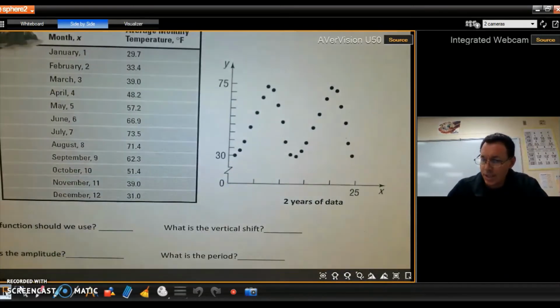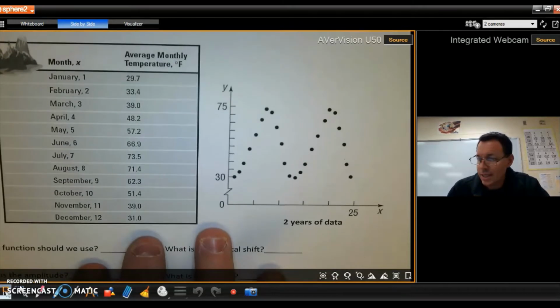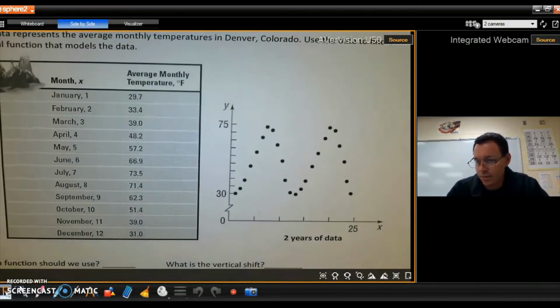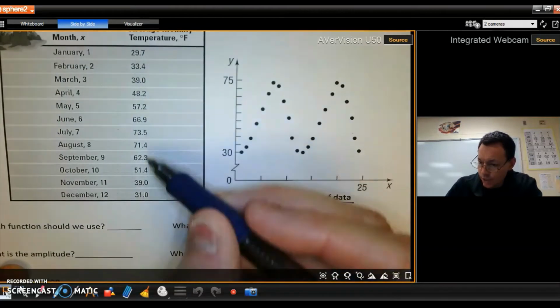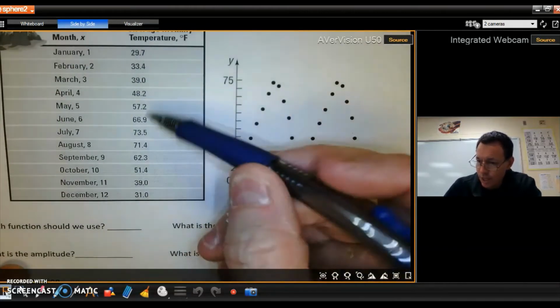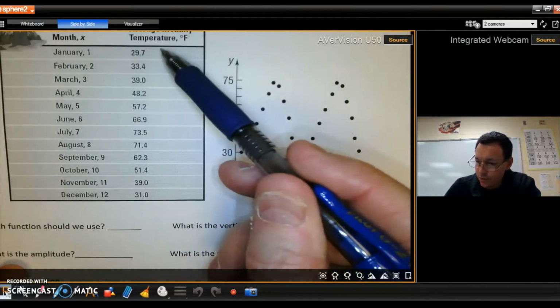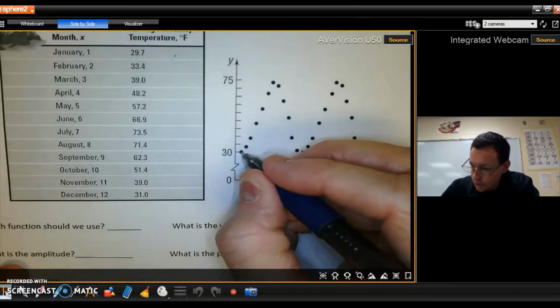Okay? So if you look at this next one, it says the data represents the average monthly temperatures in Denver, Colorado. Use the data to find a sinusoidal function that models the data. All right, so this is 2 years of data. They've given us 1 year, over here in this column. So they've given you January 1st, 29.7, so there's the low.